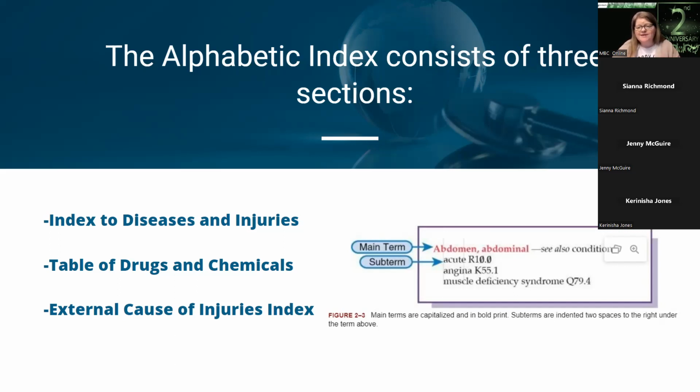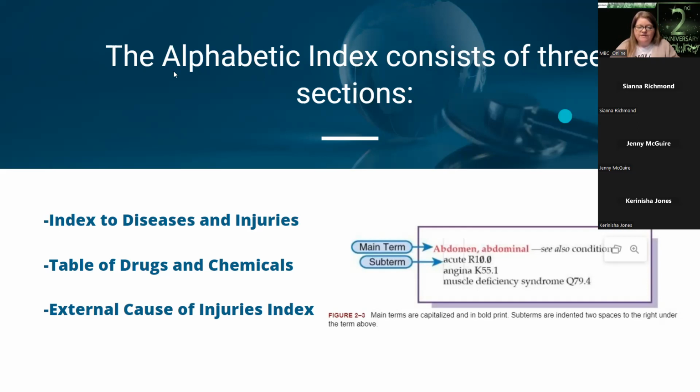Water ski accident, horse and buggy accident, was riding bareback, fell off, hit fence post. There are diagnosis codes for everything, and some of them are really amusing, some of the ways people get injured. People are crazy, right? But your alphabetic index is broken up into those 3 sections to help you find things a little bit easier.